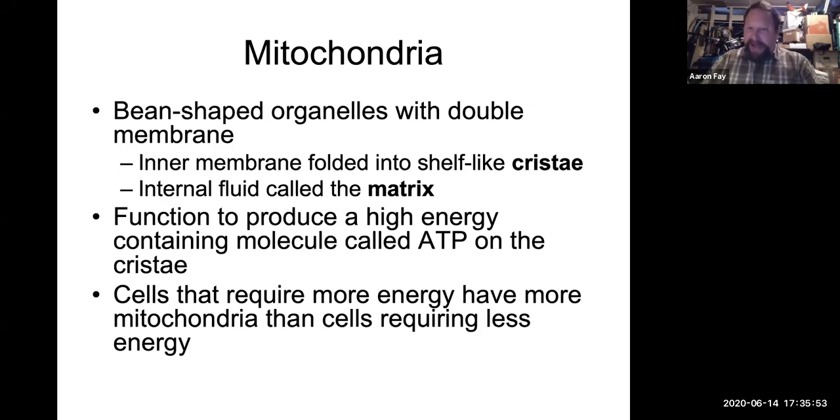So here's where the vast majority of ATP is made, which is the energy molecule of the cell, adenosine triphosphate. This is going to be the energy currency of the cell. Energy will be stored in the form of ATP, and the cell can use this when it needs to carry out some particular process. The job of the mitochondria is to contain the electron transport chain that is going to be responsible for making all this ATP.